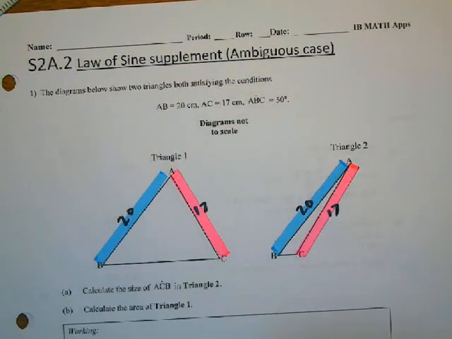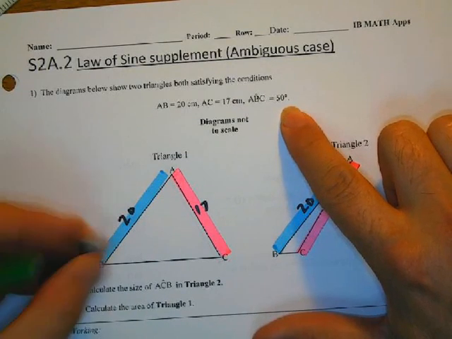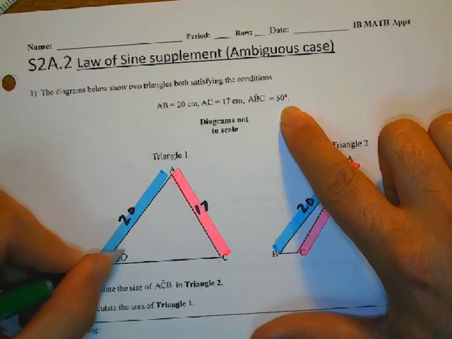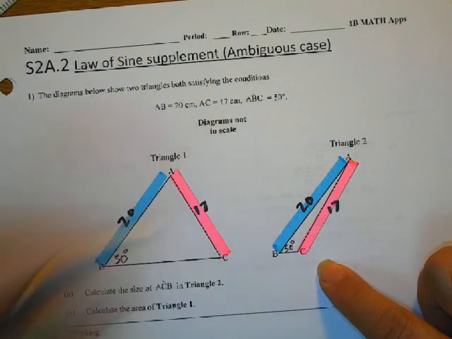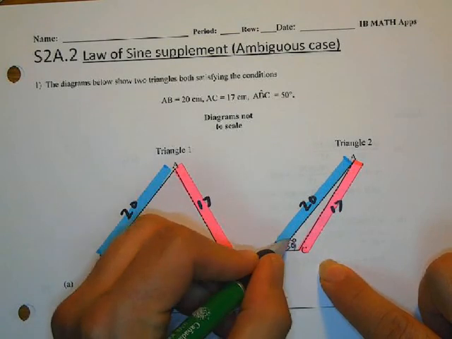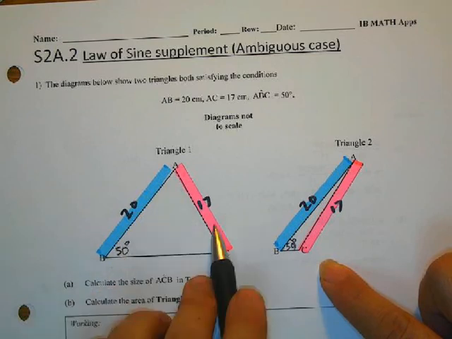And we've got the angle ABC is 50. So this angle right there is 50 degrees, and this one right there is 50 degrees. Notice we have angle side side, angle side side.